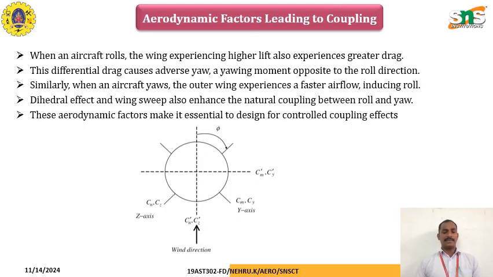So, aerodynamic factors leading to this coupling action: when an aircraft rolls, the wing experiencing higher lift also experiences greater drag. This differential drag causes adverse yaw, a yawing moment opposite to the roll direction.